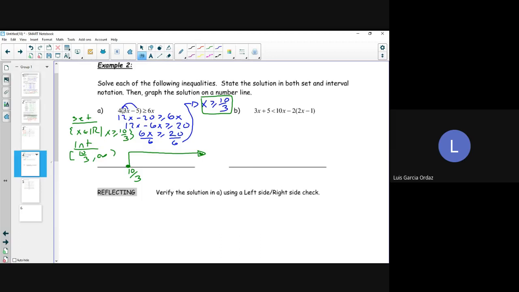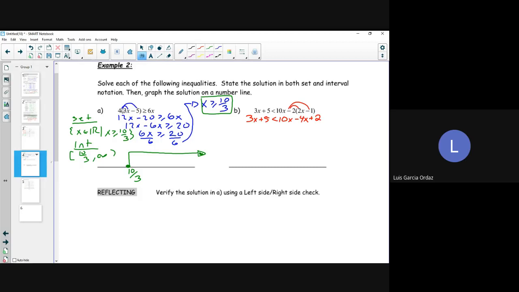So the first step is to expand. We're going to multiply the negative 2 into our bracket on the right side. So we have 3x plus 5 is less than 10x minus 4x plus 2.